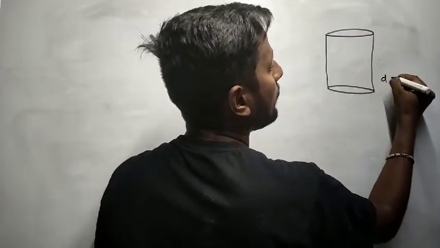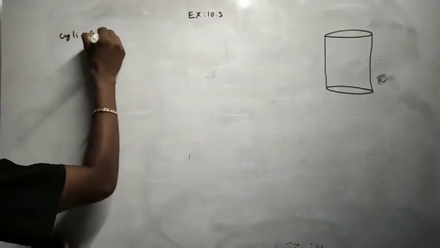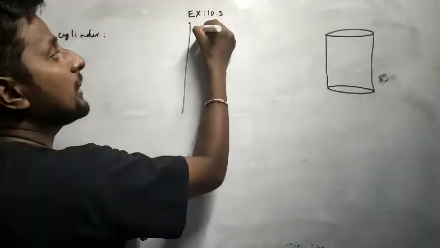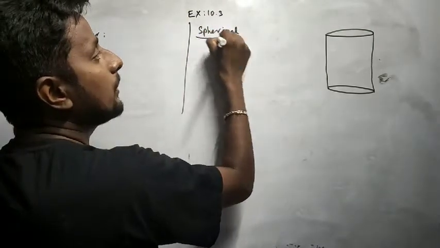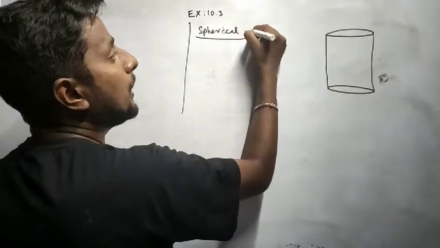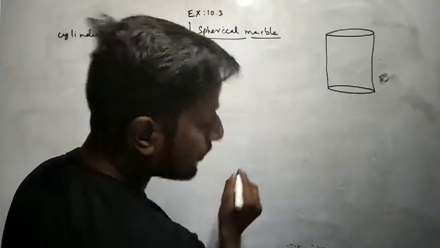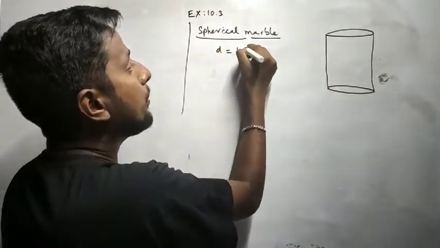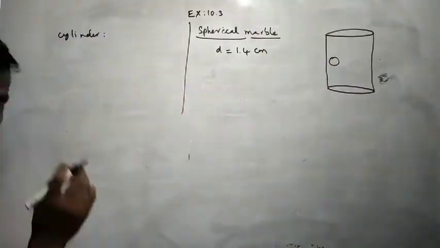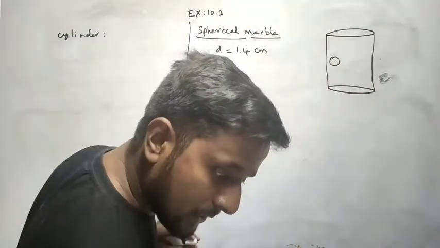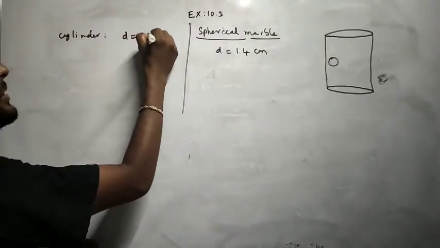Cylinder, and he said spherical marble, am I right? Spherical is nothing but sphere. What does he say? The spherical marble has a diameter 1.4 centimeter. Next, the cylindrical vessel beaker has a diameter 7. Here the D value is 7 centimeters.